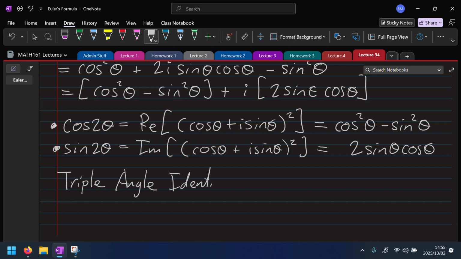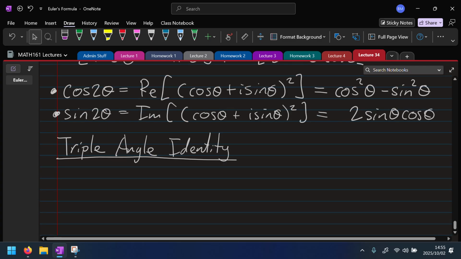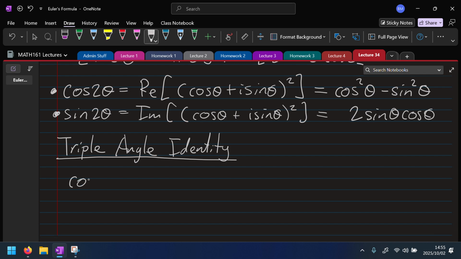So you probably don't know what it is. We'll just say we want cos 3 theta, whatever it is, we don't know yet, and sine 3 theta. If we had triple whatever the angle is, like the previous one where we had double, same thing as before.